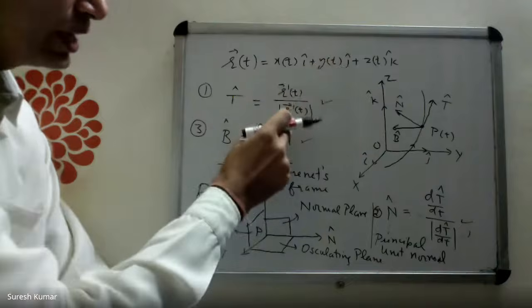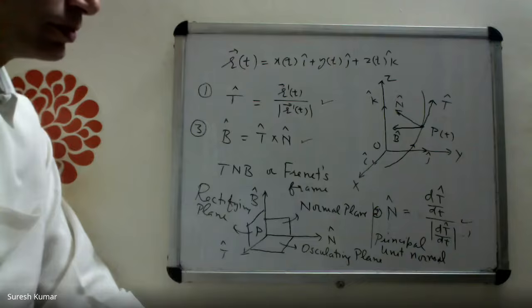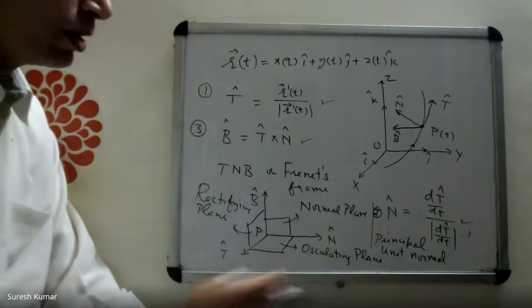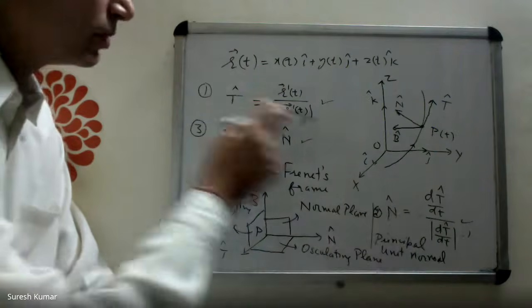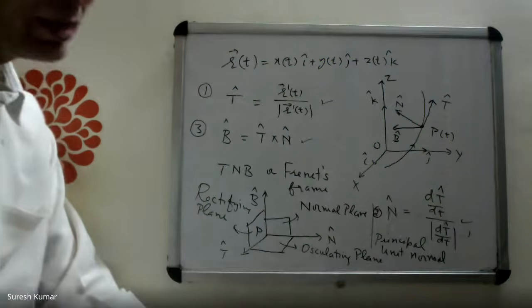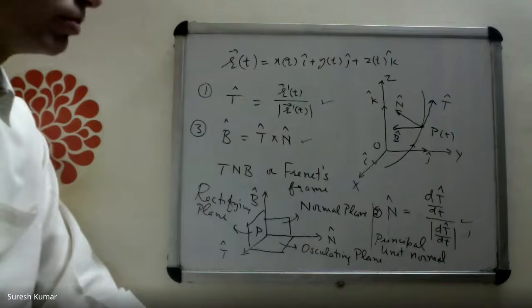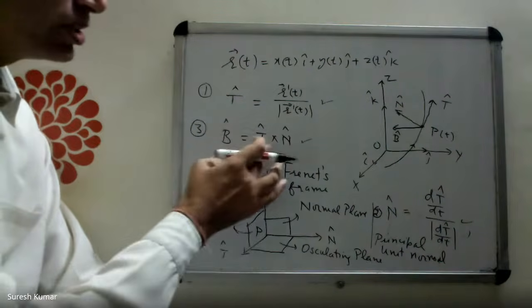Find r prime(t) and its magnitude. Use this formula to write T cap. How to get N cap? T cap you have obtained here. So further differentiate T cap with respect to t and divide by its magnitude. This is the way to get N cap. And finally B cap means T cap cross N cap.